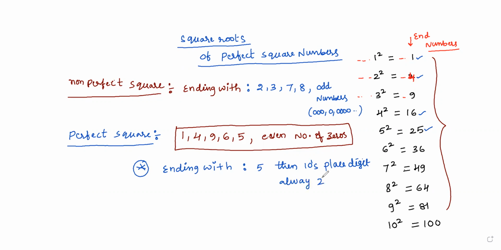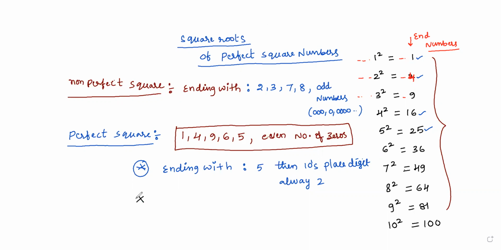Otherwise, we cannot say that it is a perfect square number. Why? Because if you take 35, the last 2 digits of the given number. According to us, the perfect numbers end with 5. But there is one rule. The tens place digit must be a 2. Then we can say maybe, not perfectly. That is the one rule.